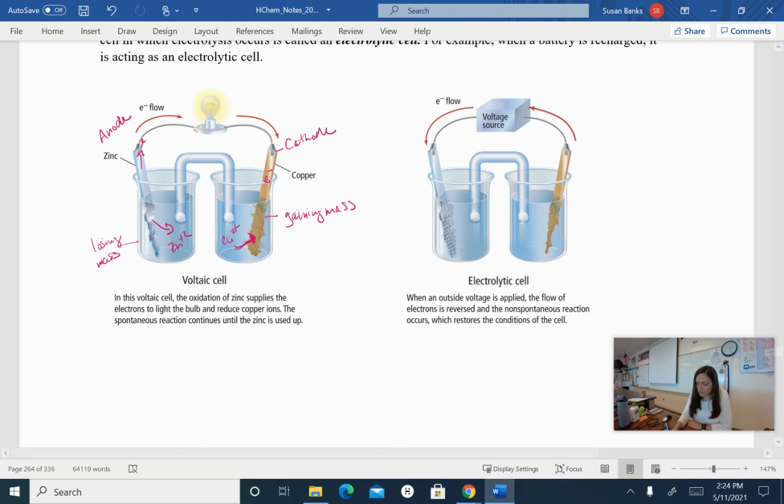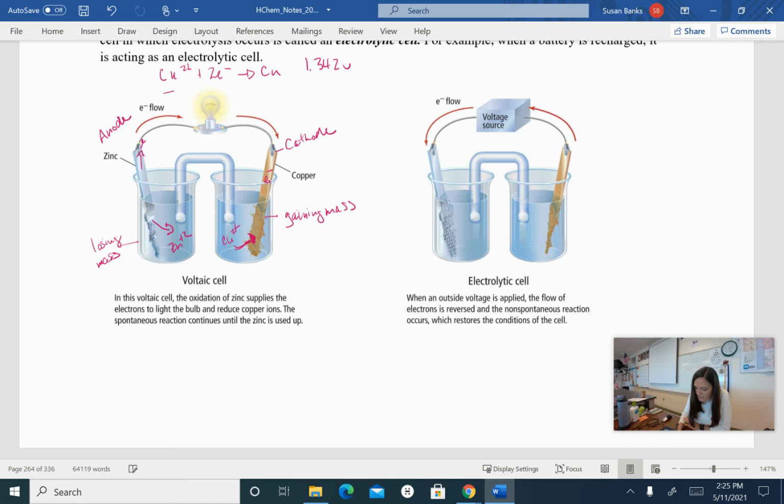Okay, so that is a spontaneous reaction. When we look at what is going on, we have copper plus 2 electrons giving me solid copper. That gives me 0.342 volts.